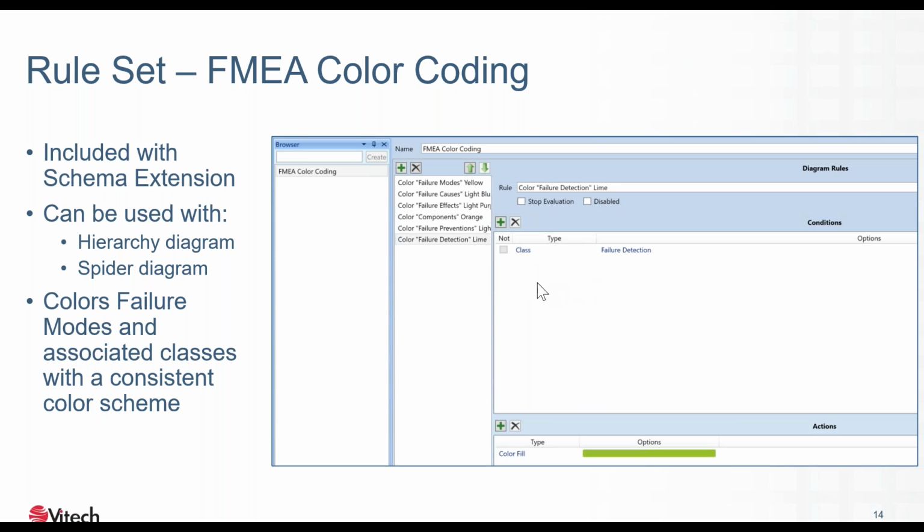This generic one that's included color codes all the various types of FMEA elements in a standard format. If you like a different color format, you can obviously go into the rule set and change that if you wish. But this will allow you to apply some coloring to those types of views.